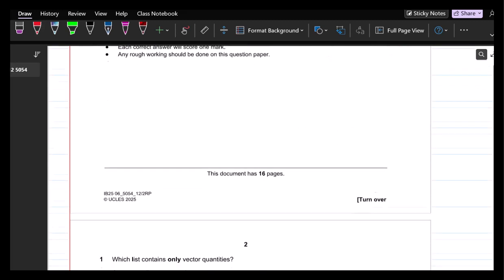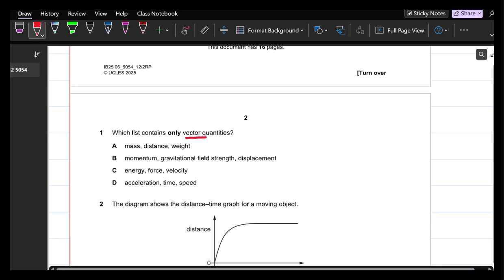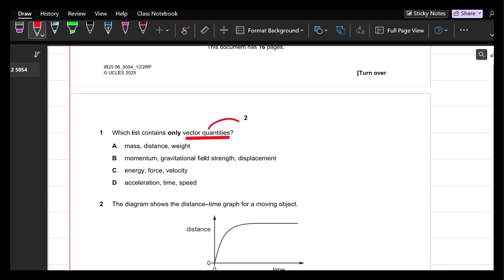So moving towards the question, we have very first question here. Which list contains only vector quantities? Vector quantities are the quantities which have magnitude as well as direction. All those quantities which have both magnitude and direction are vector quantities.